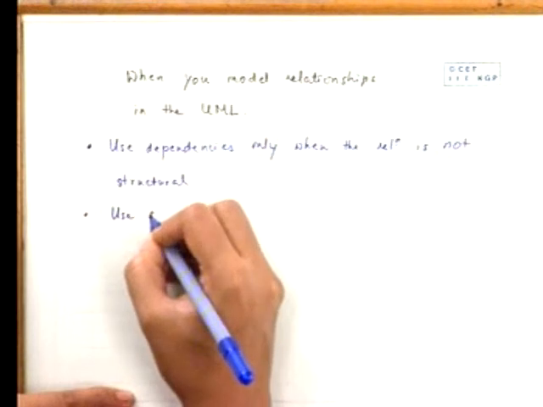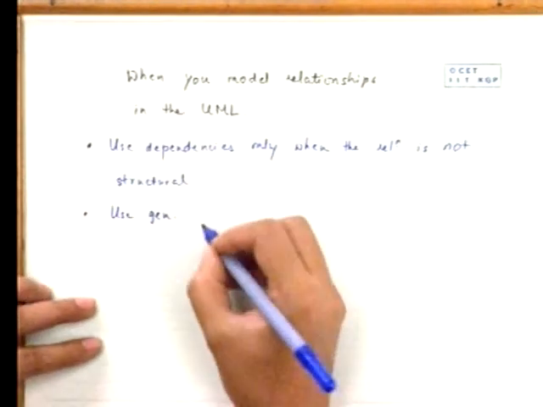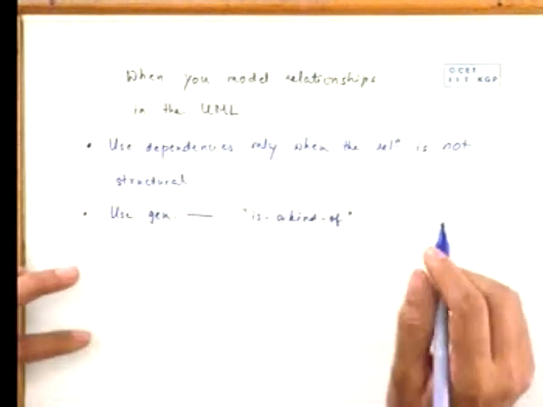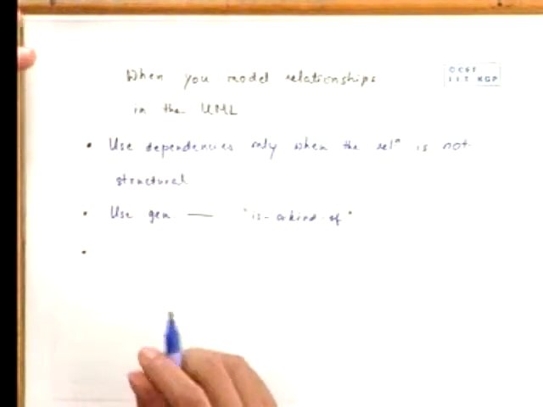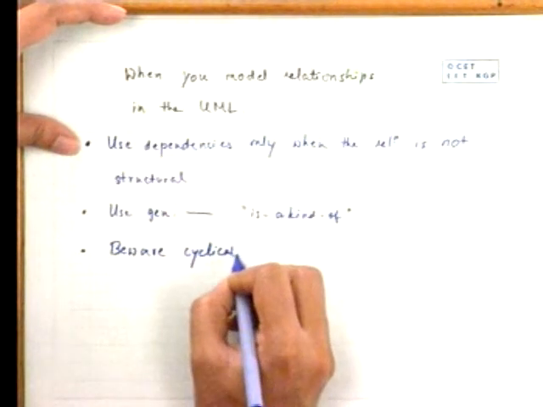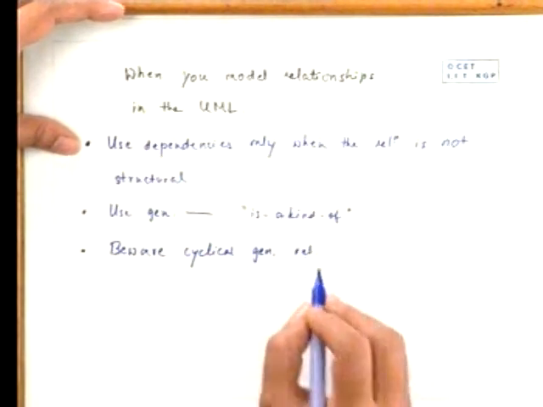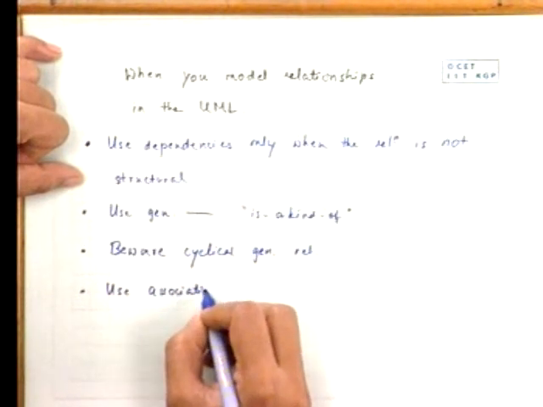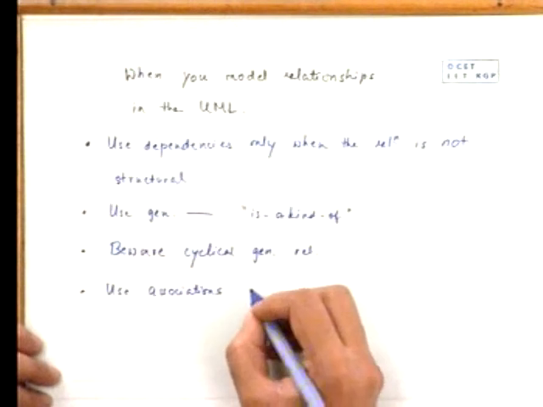Use generalization when you have an is a kind of relationship. And try to avoid multiple inheritance. If you see that a class inherits from two other classes, multiple inheritance can often be replaced by associations. Beware of cyclical generalization relationships. Try to keep the generalization relationships balanced and use association primarily when there are structural relationships.